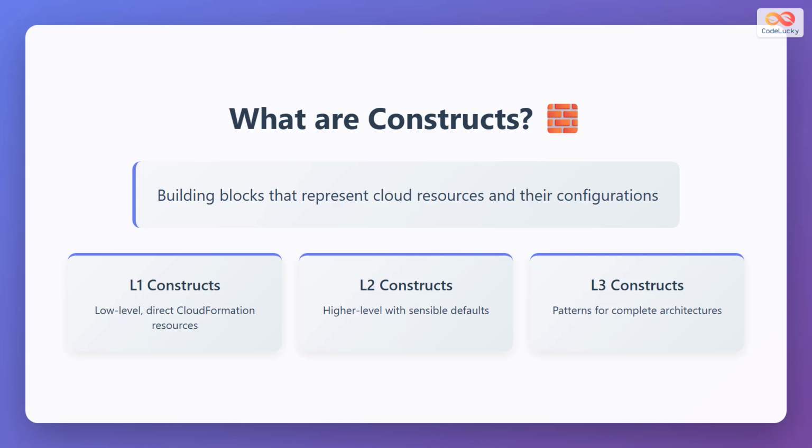Level 2 constructs are higher-level abstractions with sensible defaults and helper methods, making common tasks easier while still allowing customization. Level 3 constructs represent complete architectural patterns, combining multiple resources into proven, production-ready solutions. This layered approach lets you choose the right level of abstraction for your needs, from detailed control to rapid deployment of complex architectures.